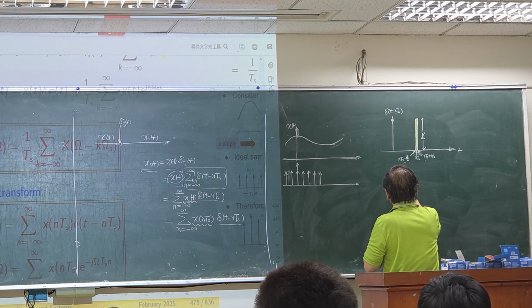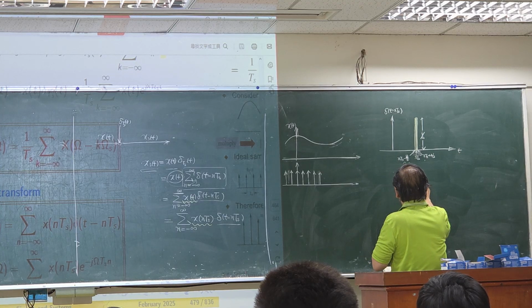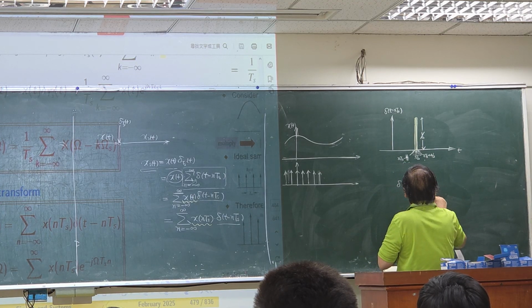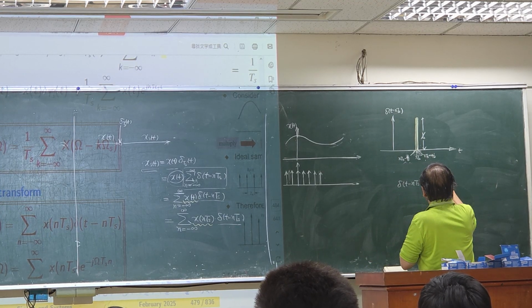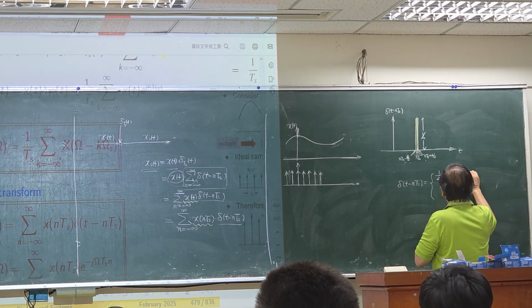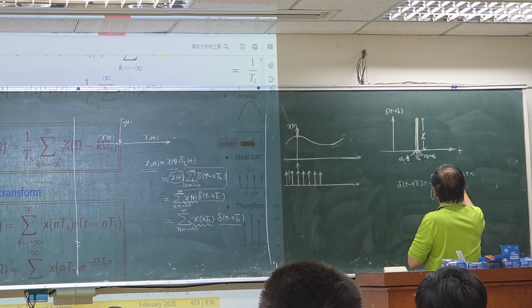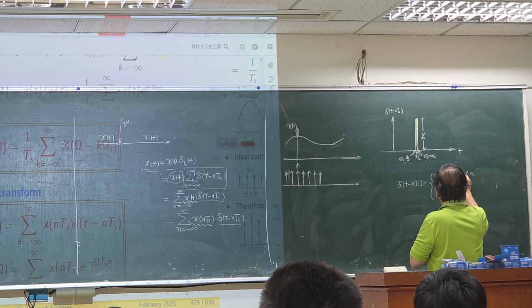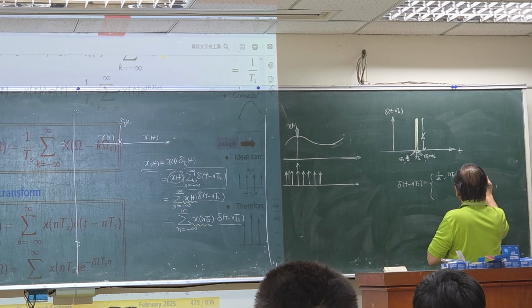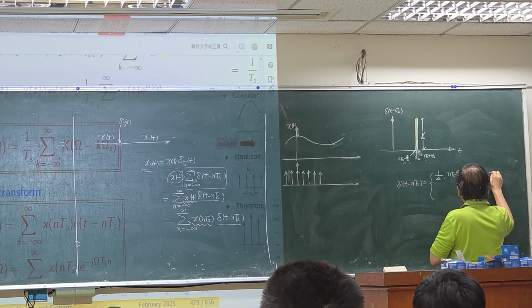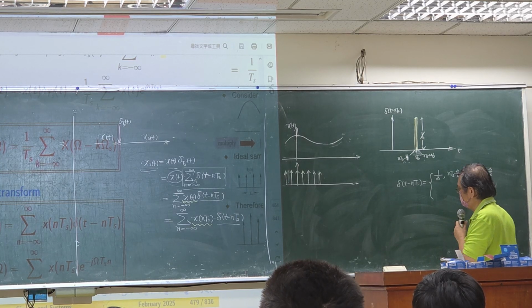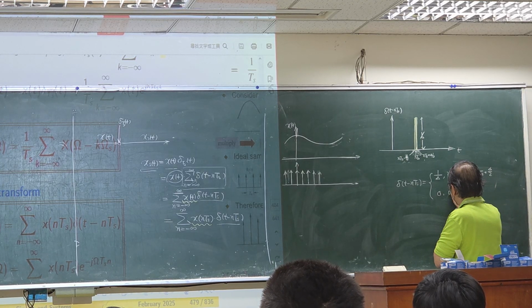So this function is equal to 1/delta for t between nTs minus 1/2 delta and nTs plus 1/2 delta, and then equals 0 elsewhere.